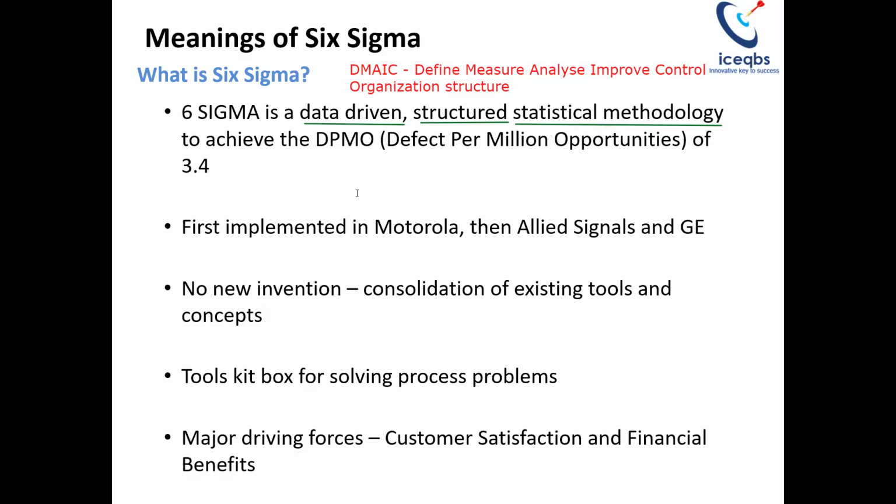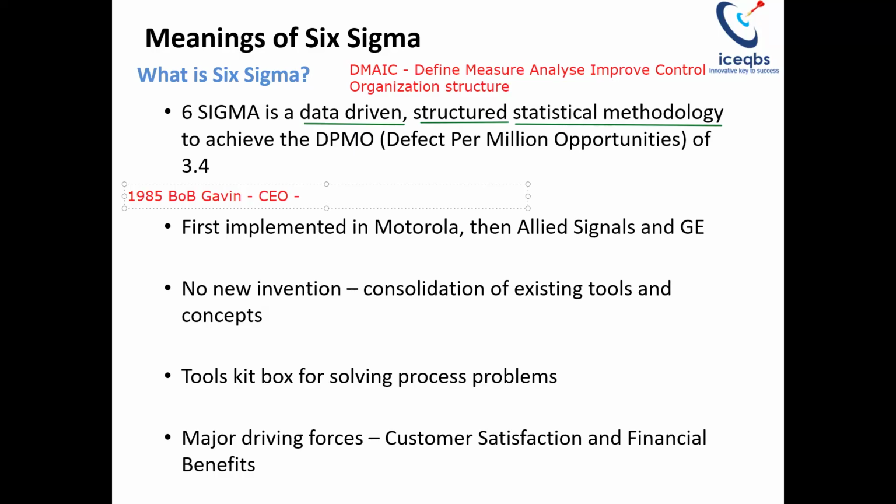The real effort to come up with a methodology like Six Sigma started in 1985, when Bob Galvin, the CEO of Motorola, called all his senior management people and told them that the quality of the products and services at Motorola had gone so bad that it had started stinking, and that we needed to do something about it.